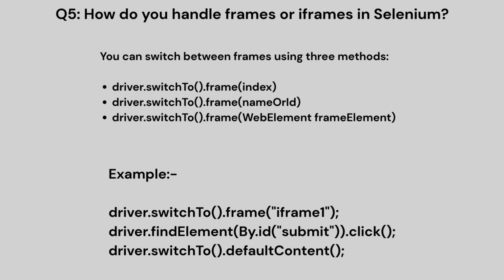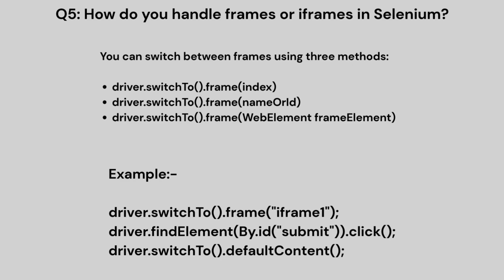Now we can switch between frames using three methods. First one is driver.switchTo().frame, you specify the index. Then driver.switchTo().frame with name or id, you specify the name or id of the frame. And you can also use driver.switchTo().frame and you specify the web element, say the frame element.